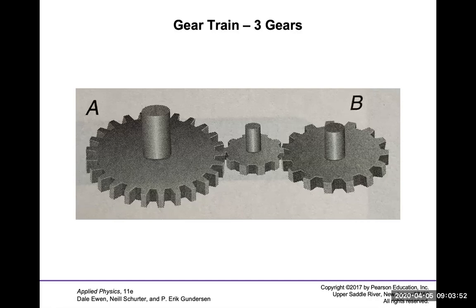Well, A is not touching B, so B cannot be called the driven, for A is only touching M. So that little gear in the middle is M. It is driven by A. Now, let's forget about A. B is the last one in the line. B has got to be a driven gear. Who is the driver for B? It's got to be the little one in the middle, M. So M wears both hats. M is a driver and M is a driven.